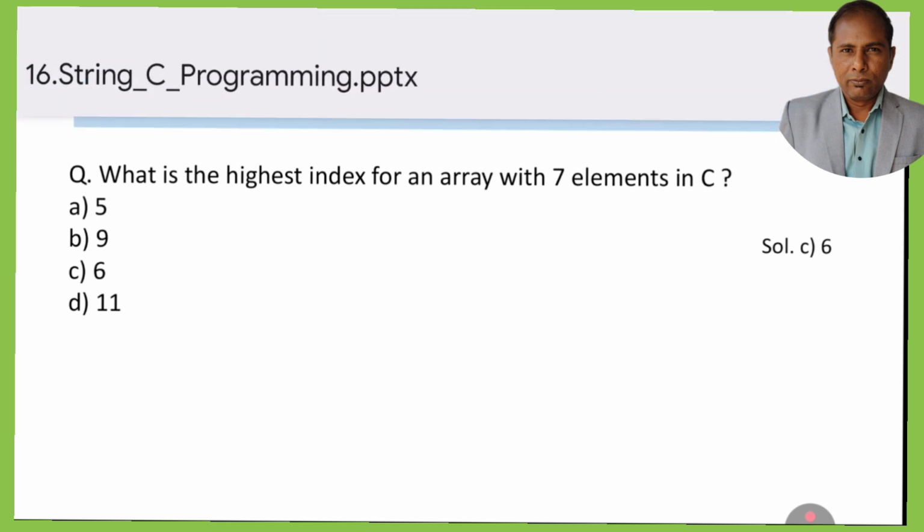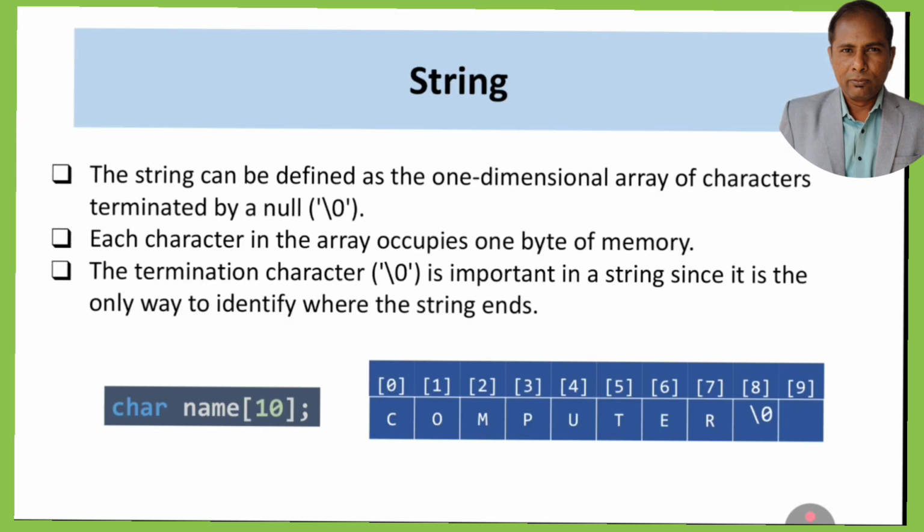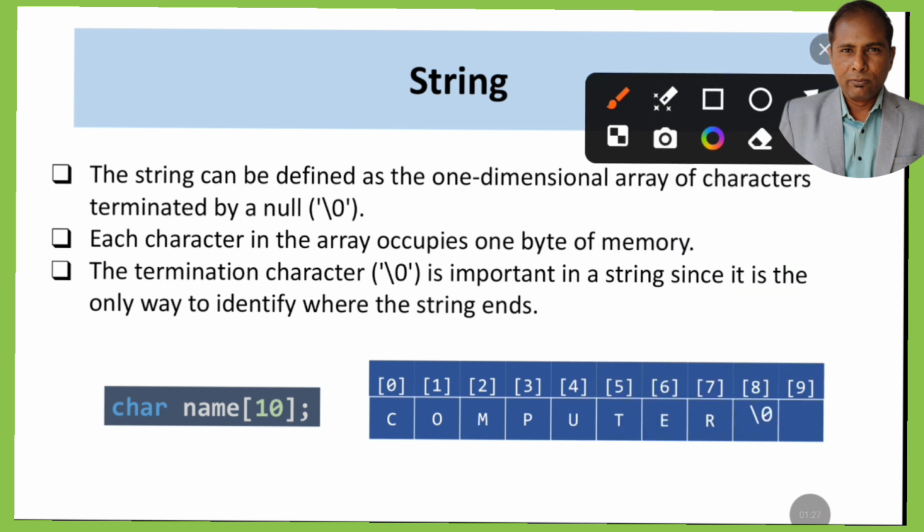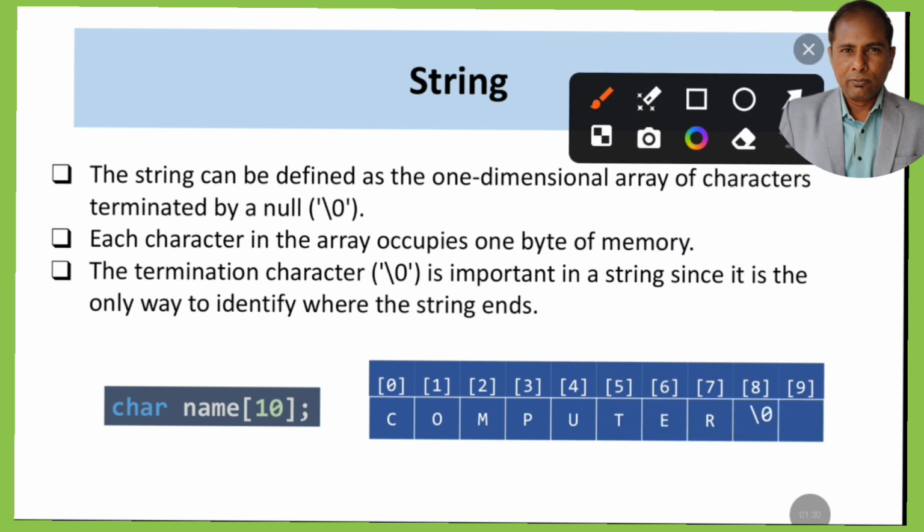Now, in today's lecture, we are going to discuss the string in C. So what is the meaning of string? A string can be defined as a one dimensional array. So whatever we have seen in the array, that concept will also come here.